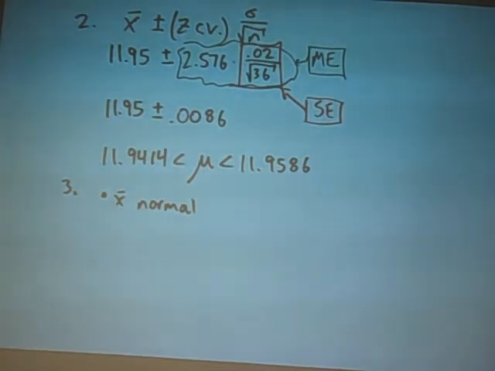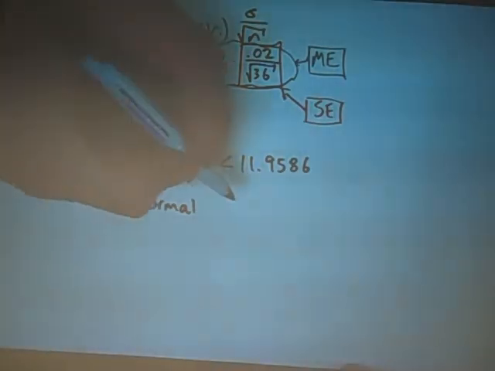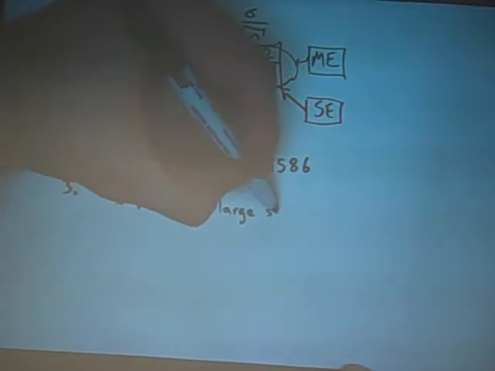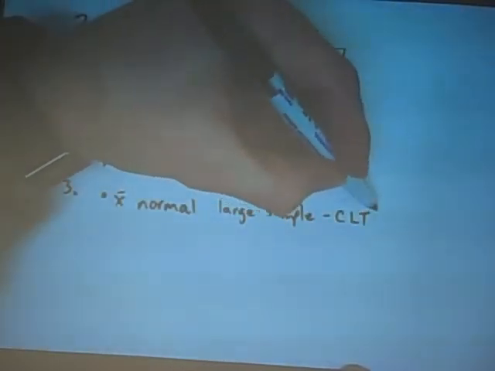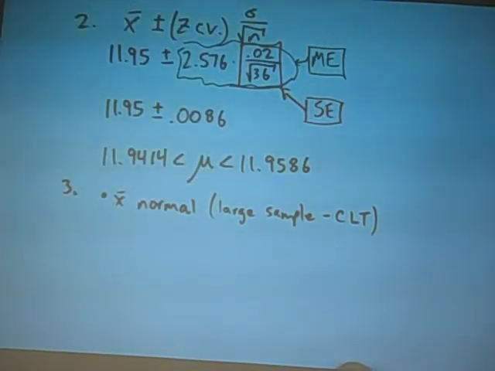So in our case, did I tell you the population was normal? No, nowhere in there does it say the population is normal, but we have a fairly large sample, don't we? So maybe we can appeal to the central limit theorem and say we have a large sample. And that's taking advantage of the central limit theorem. All right, number two was simple random sample.